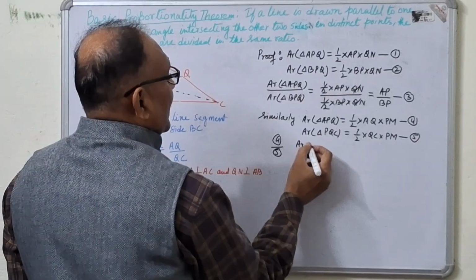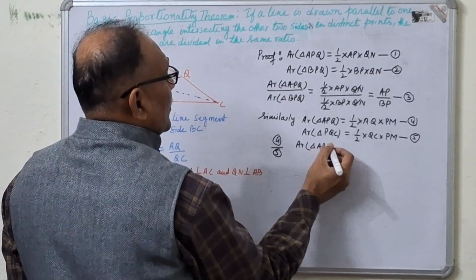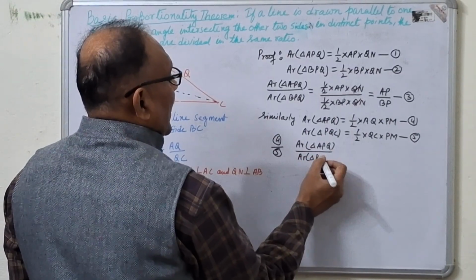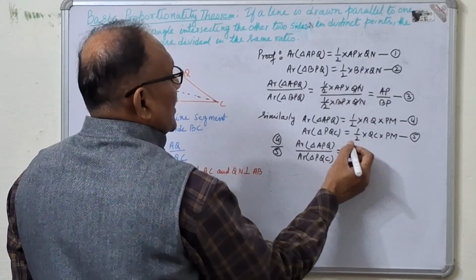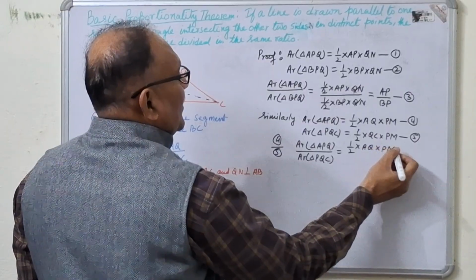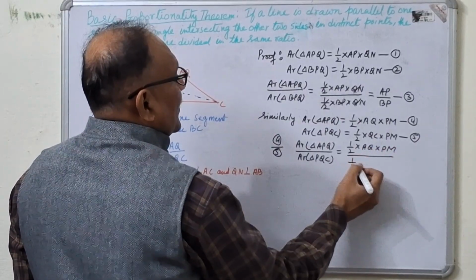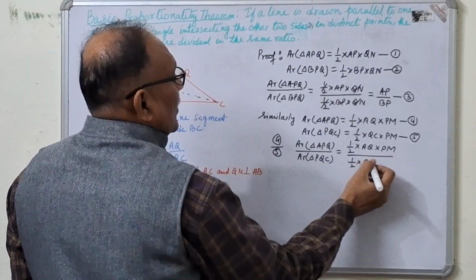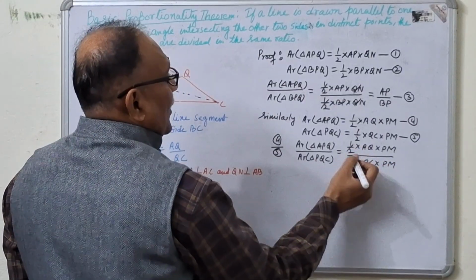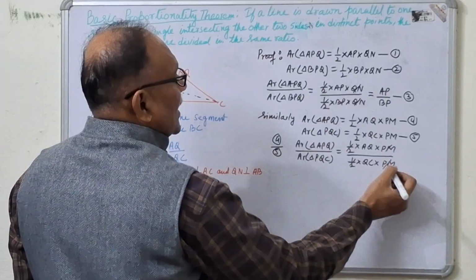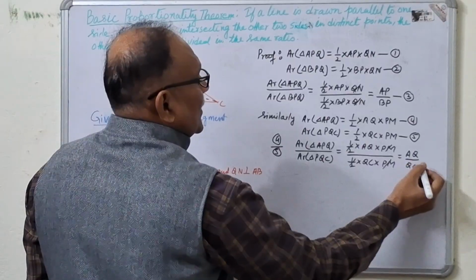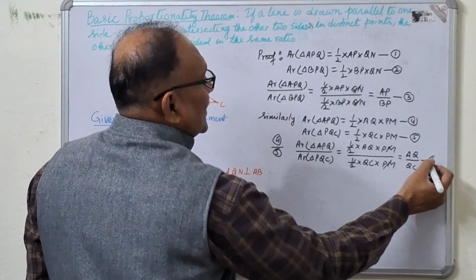So the ratio of area of triangle APQ to area of triangle PQC is equal to half into AQ into PM upon half into QC into PM. Here half and half will cancel out, PM and PM will cancel out, giving AQ upon QC. Equation 6.